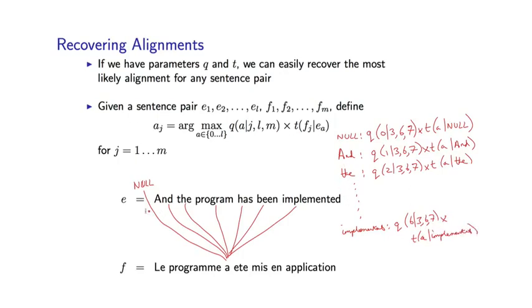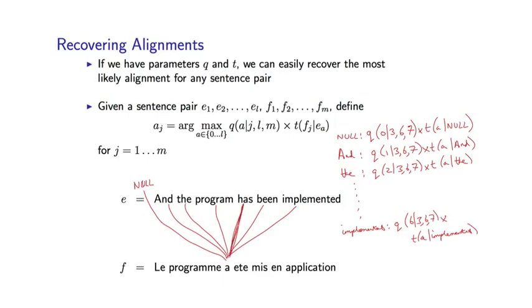So for each of these alternative words that we could align to, we calculate two terms. Firstly, q, reflecting the likelihood of that position, and then t, reflecting how likely it is that this French word was generated from that English word. And we take the max, so we find the maximum of all these values, and then take the single alignment that maximizes this product.